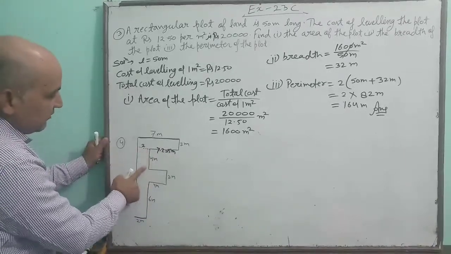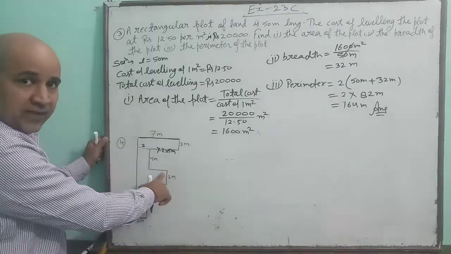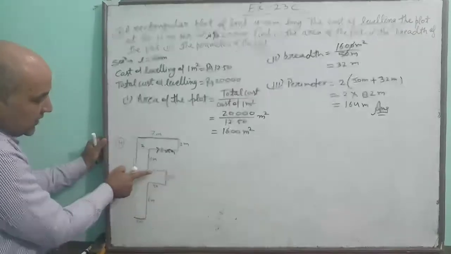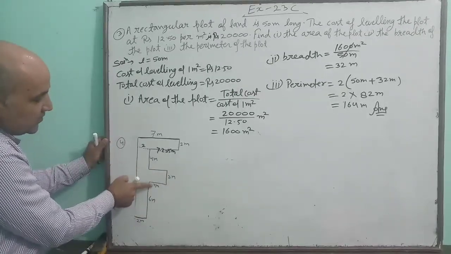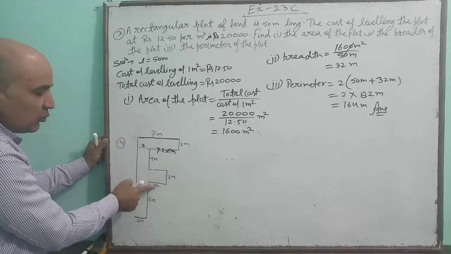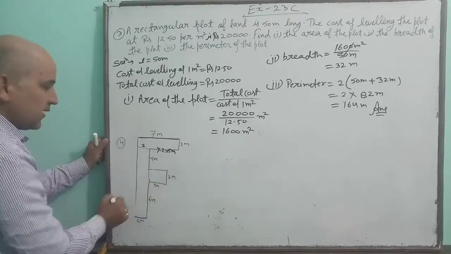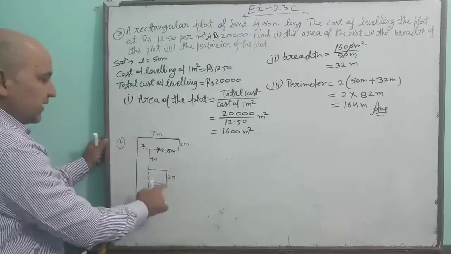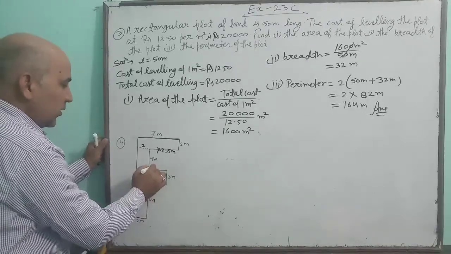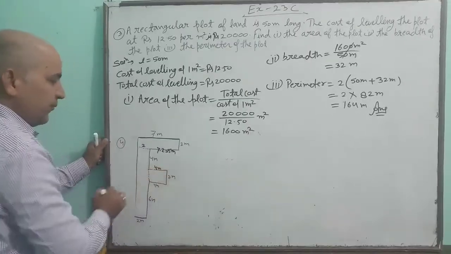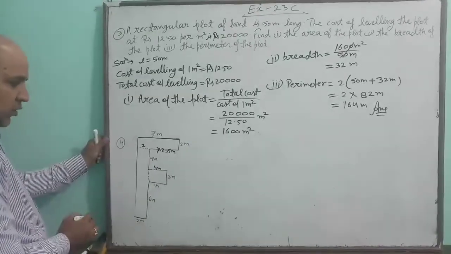Similarly, this length is given 4 but this is not given. But you have to understand these two parts are parallel to each other and equal to each other also. If we join from here, then this will look like a rectangle. So this is 4, this will also be 4. Understood?